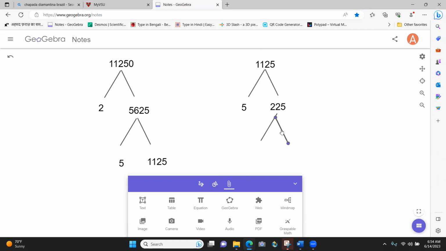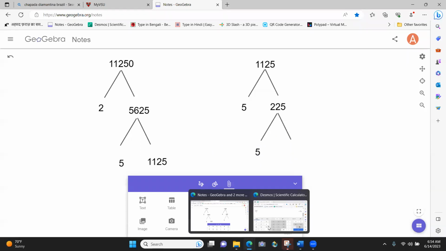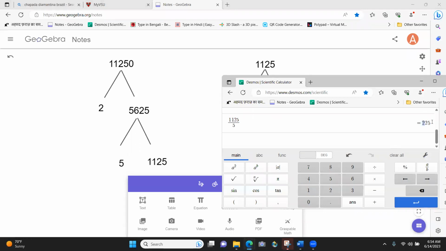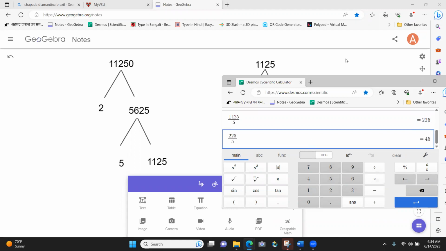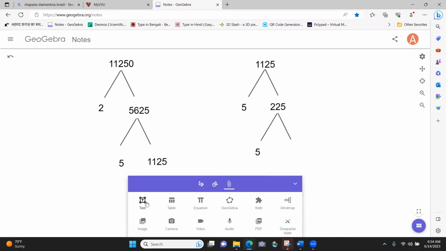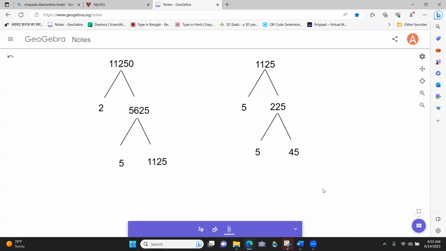And this one is, I think 5 times. I'm just going to do it here. 45. Let me just double check. Yes, that's correct. And this is divisible by 5.